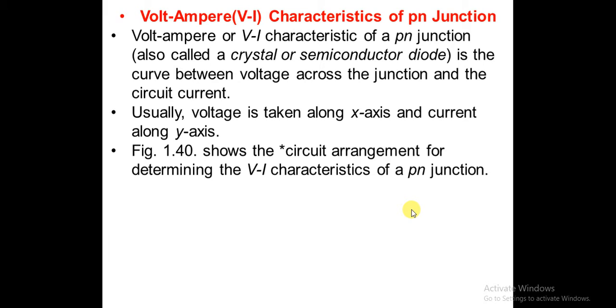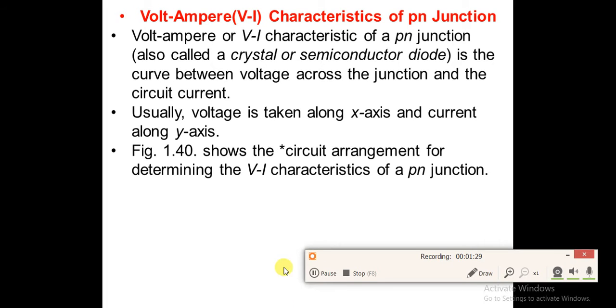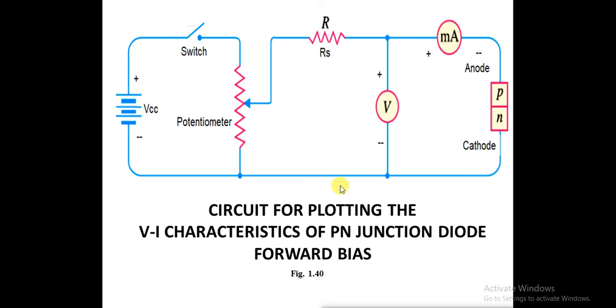Now let us see a figure which shows the circuit arrangement for determining the VI characteristics of PN junction diode. This is the circuit diagram for plotting the VI characteristics when it is forward biased.